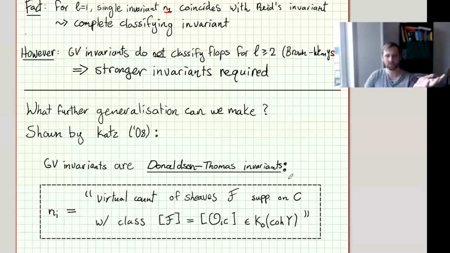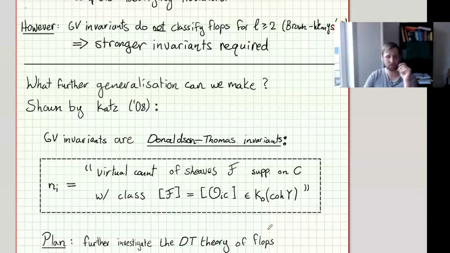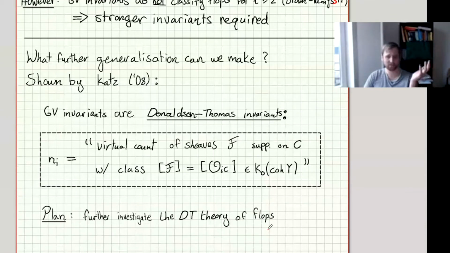But the thing is that DT theory can do more than count just these particular sheaves of these particular classes. We can, in fact, look at all kinds of other moduli spaces and try to count more sheaves.